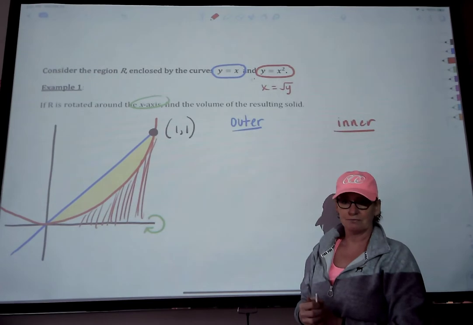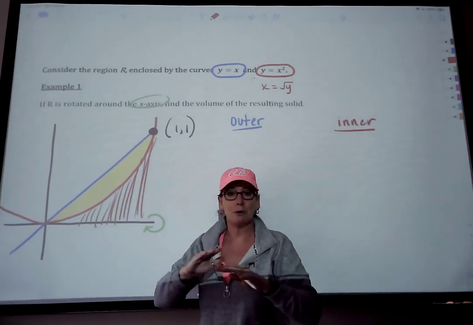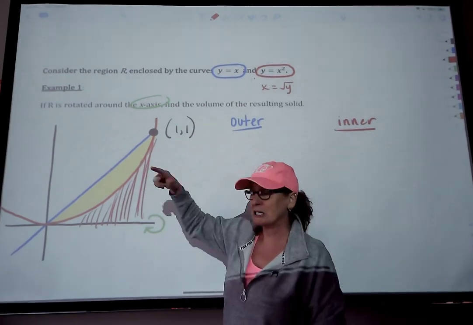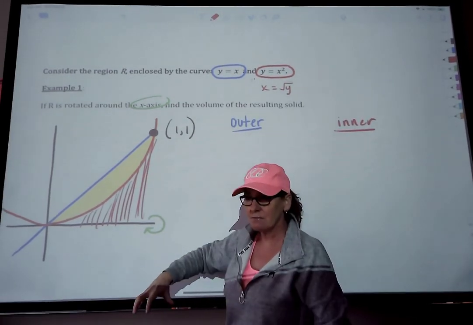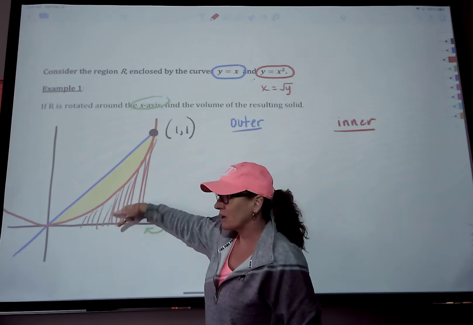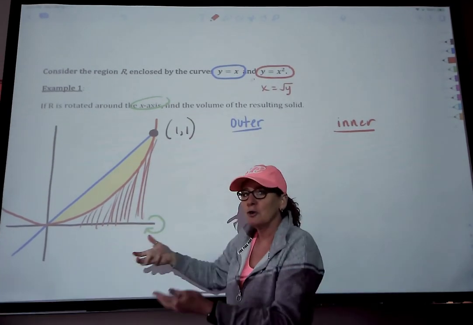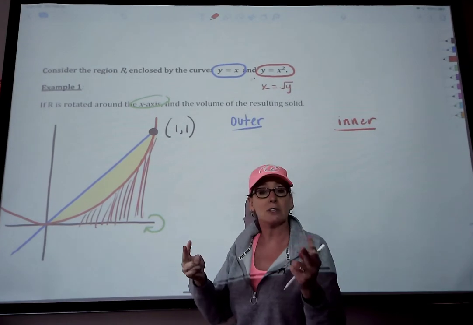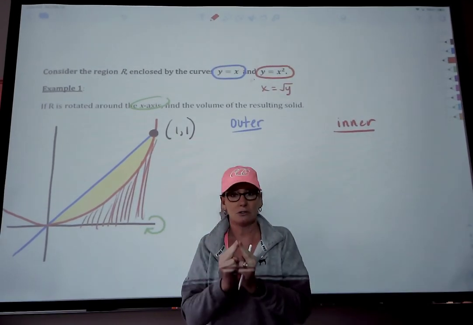So we're going to do two separate problems. We're going to send the blue one around, pretend it's full, it's solid. Then we're going to send the red one around. We're going to scoop that volume out. Two separate problems, like two separate integrals.